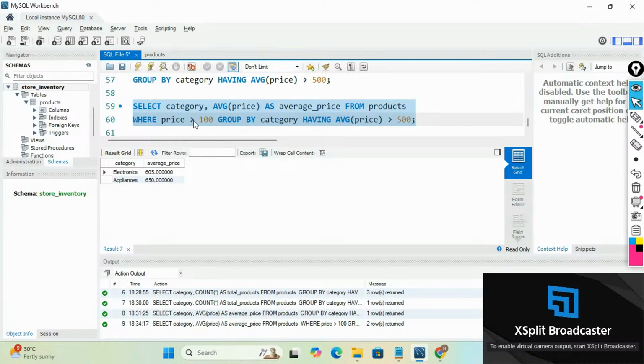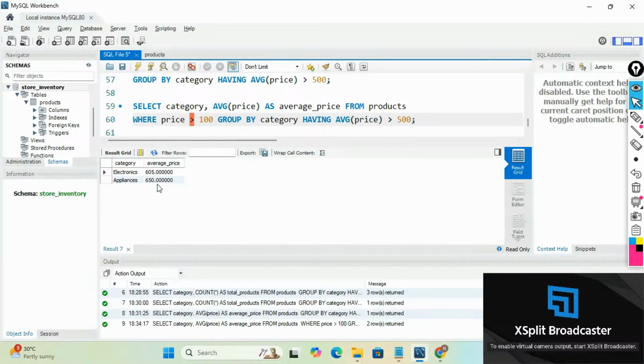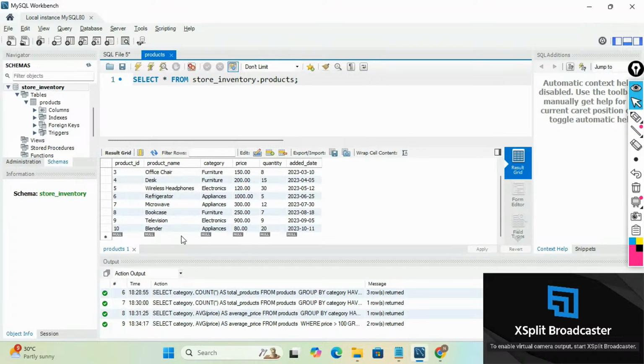Why did we get appliances is the question. Just give me a minute. This particular record gets ruled out. Am I taking price? Average of price? Okay. So friends, what happened is, when the where clause executes, this particular record, row number 10, will be ignored. We'll have only a total of 9. Out of these 9, we know that the average of electronics is 605, so for sure we'll have electronics.